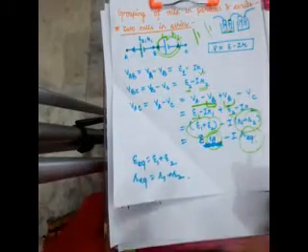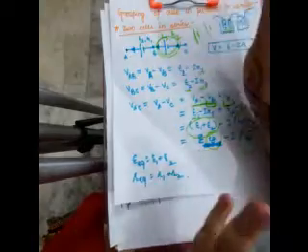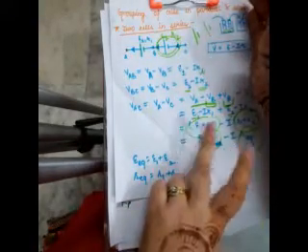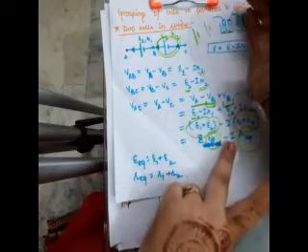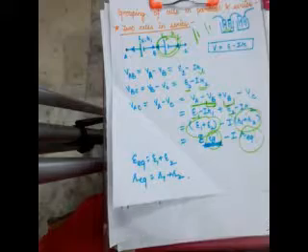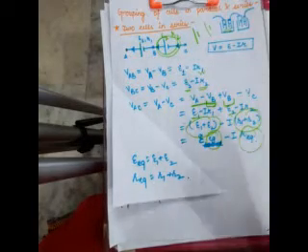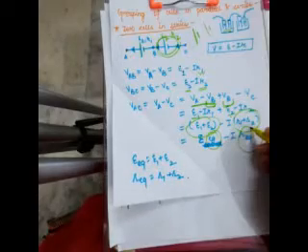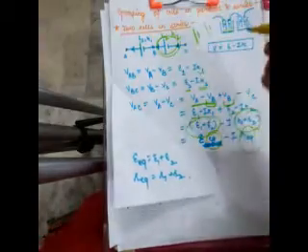So this means when two cells are connected in series combination, the equivalent EMF, the overall EMF, is equal to the sum of the two EMFs of the individual cells. Similarly, the overall resistance is equal to the sum of the two internal resistances of the two cells. Fine.